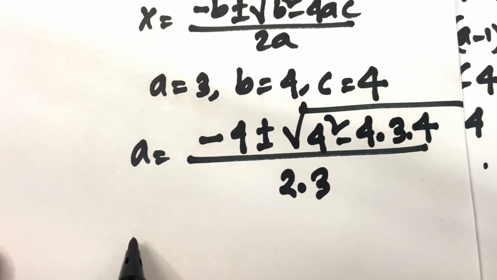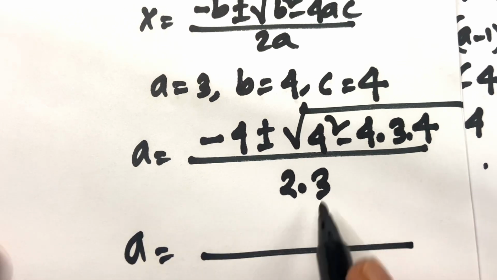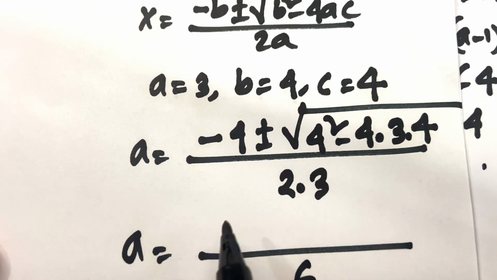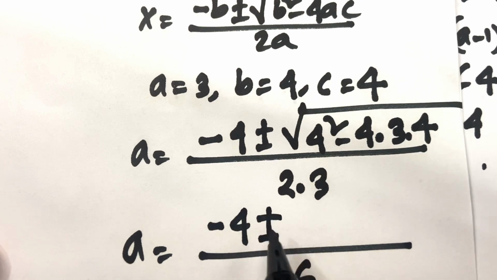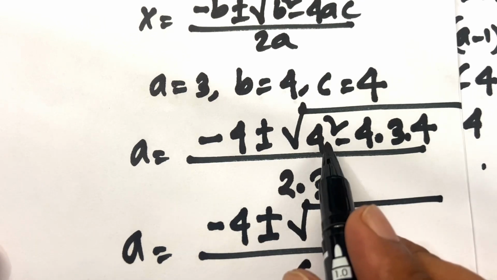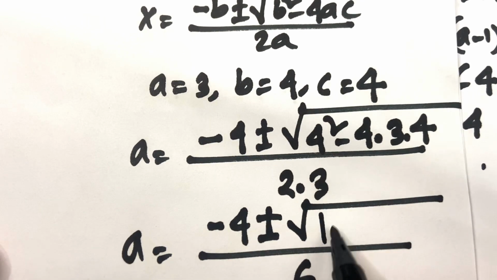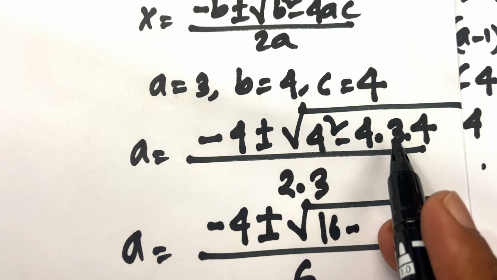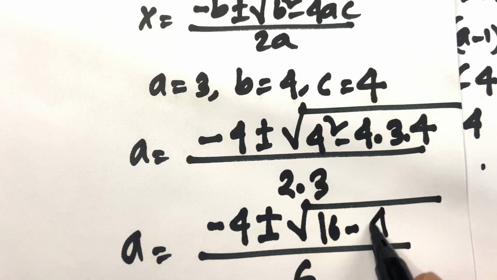Now 2a is equal to 2 times 3, which is 6, and here is minus 4 plus or minus the square root of 4 squared, so 16, minus 4 times 3 is 12, and 12 times 4 is 48.